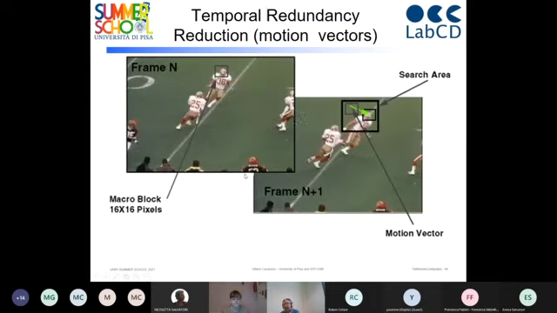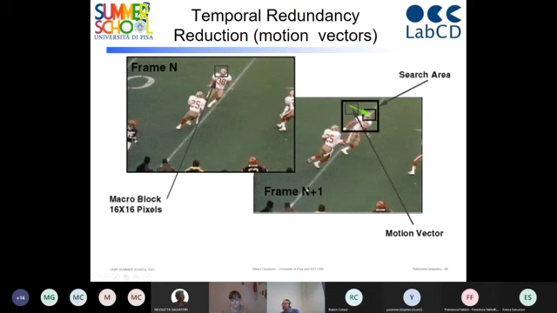So the basic idea is that in order to encode a frame, you encode the difference between a frame and the previous one. The difference means that you try to keep track of what has changed from one frame to the next one. Here, for example, you can see that this player has moved a little bit from this position to this position.